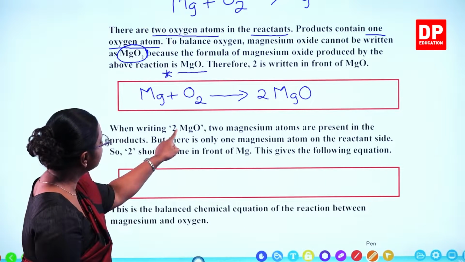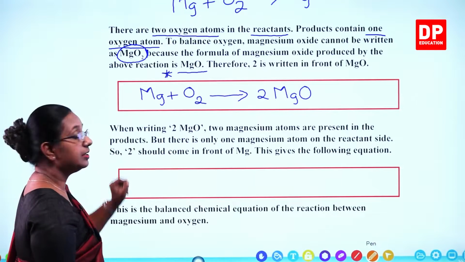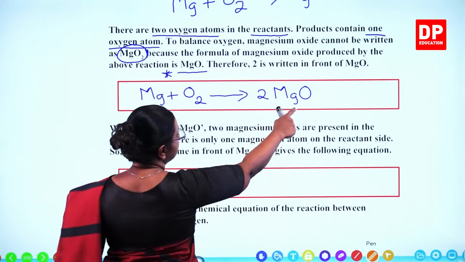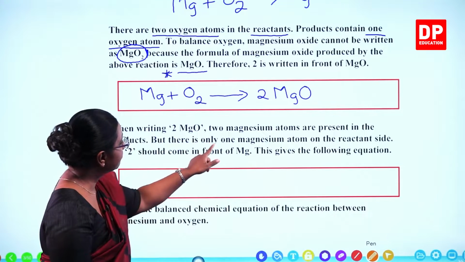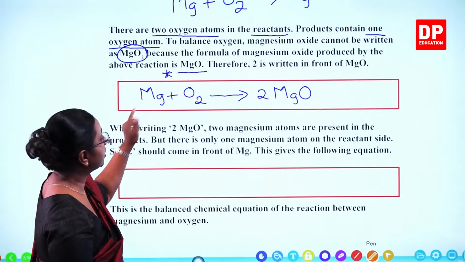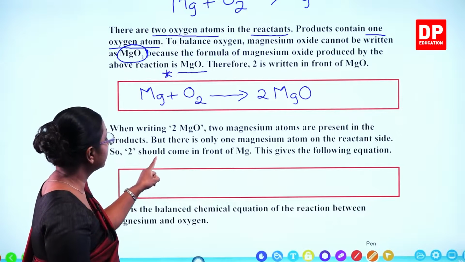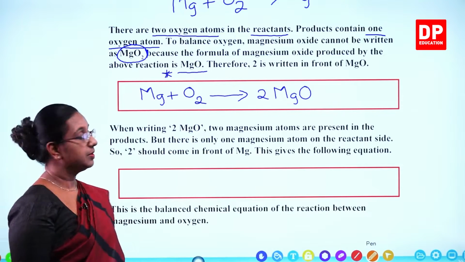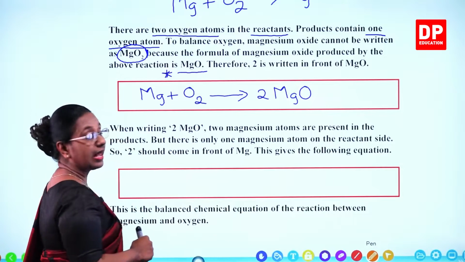When writing 2MgO, 2 magnesium atoms are present in the products. So now there are 2 magnesium atoms in the products. But there is only 1 magnesium atom on the reactant side. So 2 should come in front of magnesium. So here there is only 1 magnesium. There are 2 magnesium atoms.